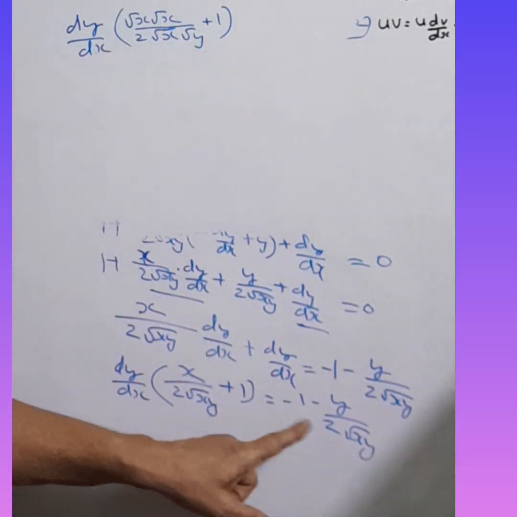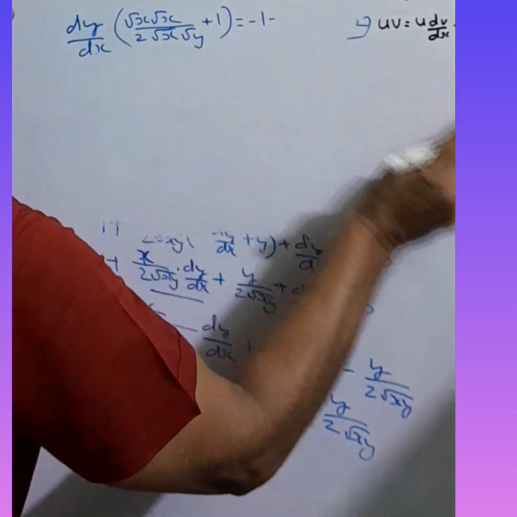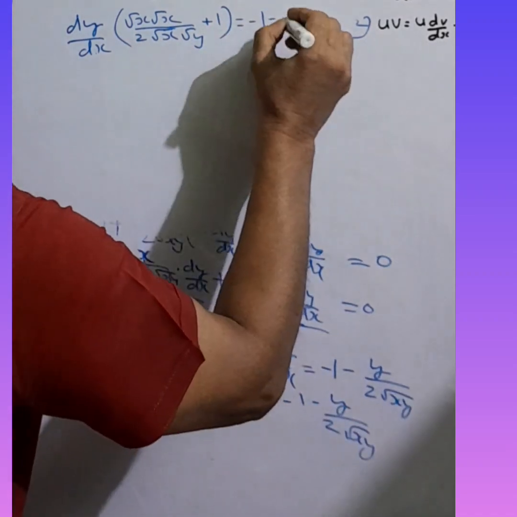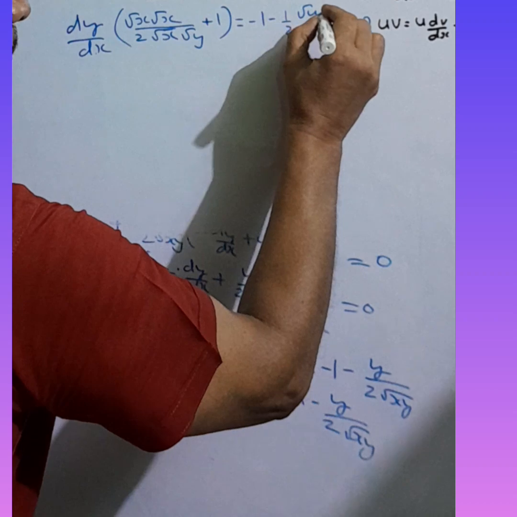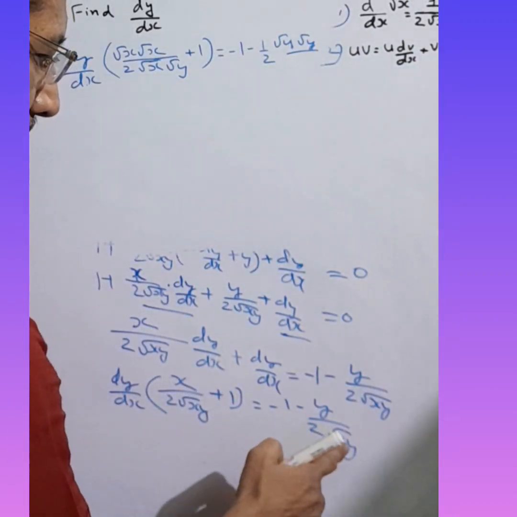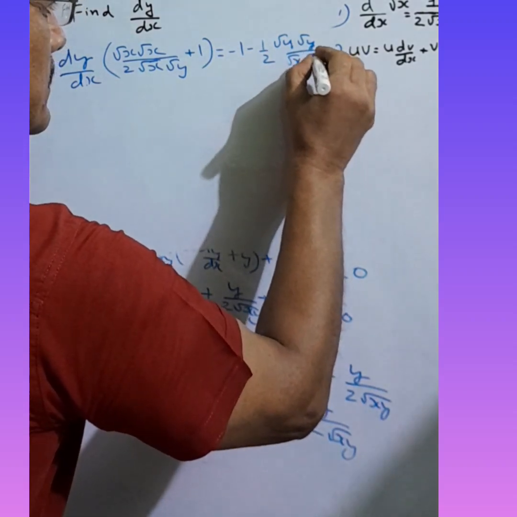Alright, is equal to, here also it is minus, is equal to minus 1 minus 1 and 1 upon 2 root y upon root y upon root x root y.